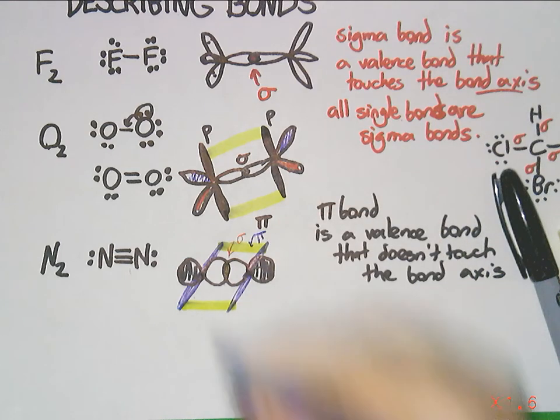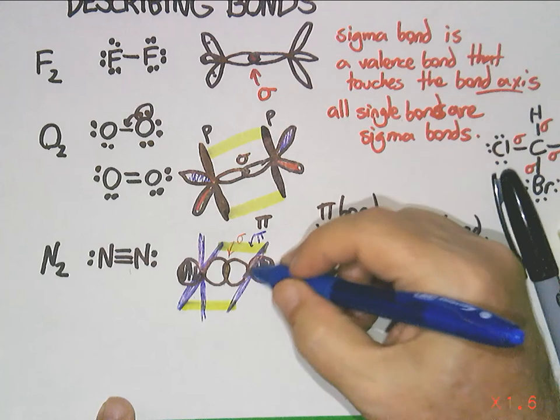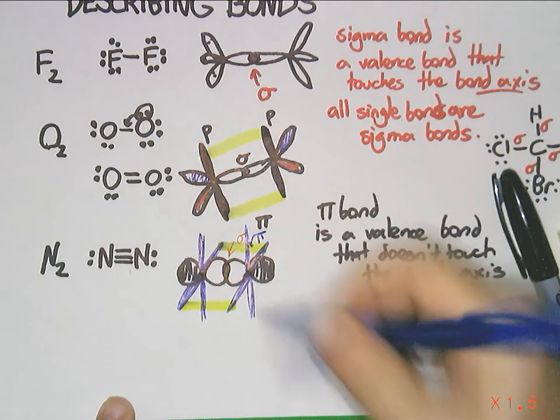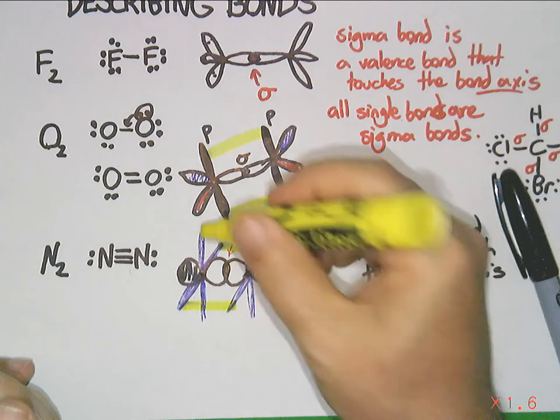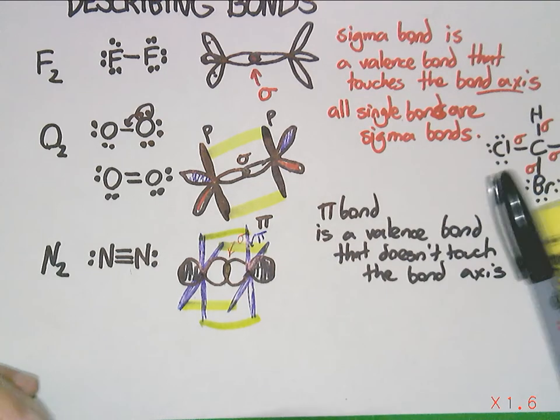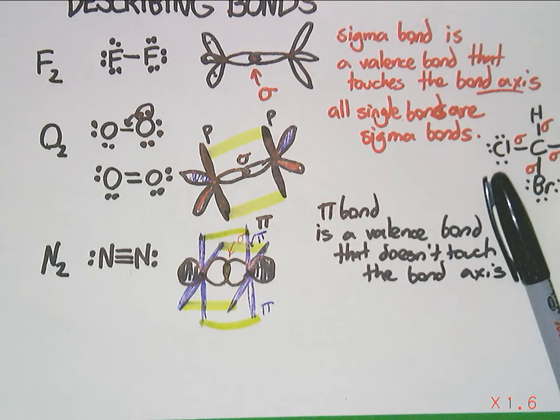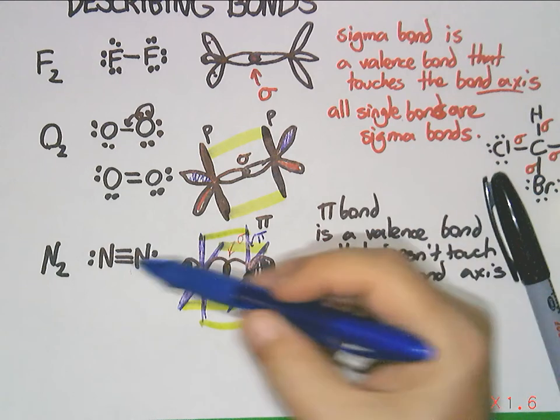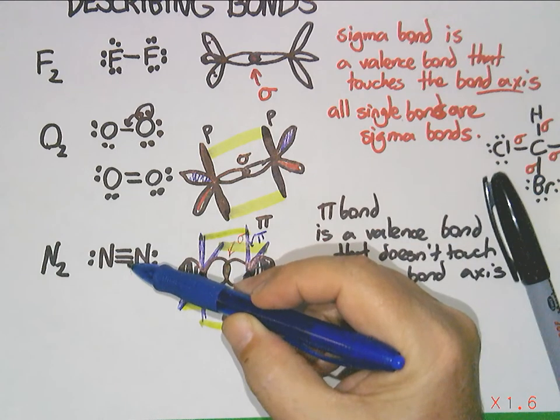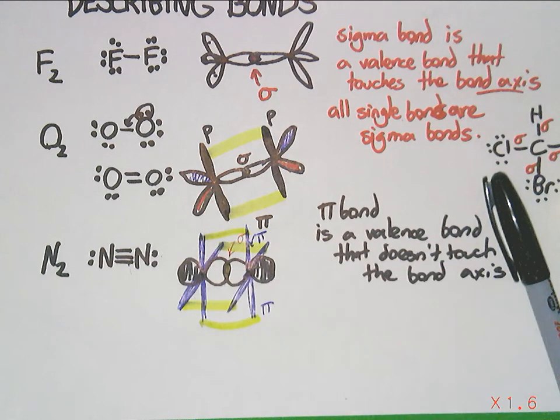And then there's another unhybridized p orbital that goes up and down. So what you've got there is an overlap this way and this way. That's the second pi bond. So the first bond is a sigma bond in a multiple bond, and all the rest are pi bonds. There are 2 pi bonds and 1 sigma bond here.